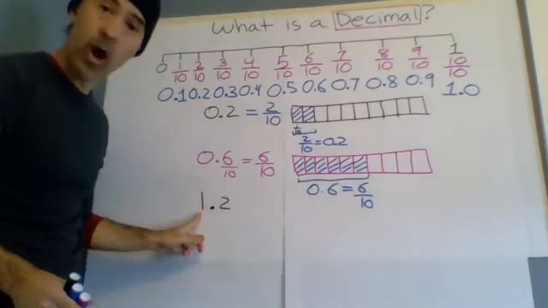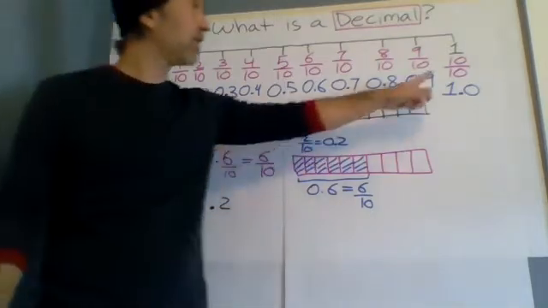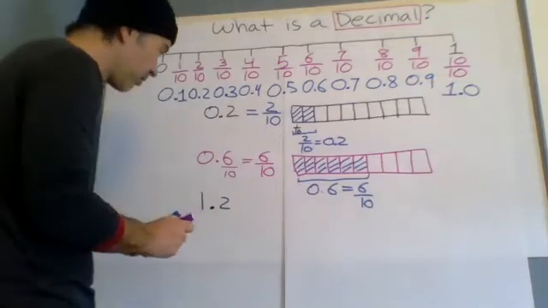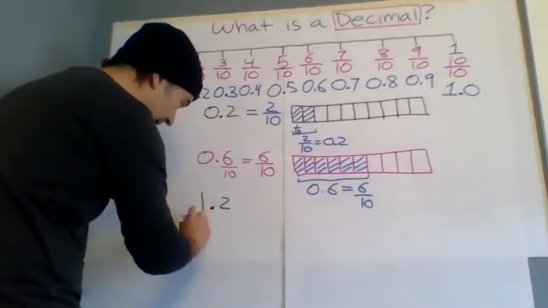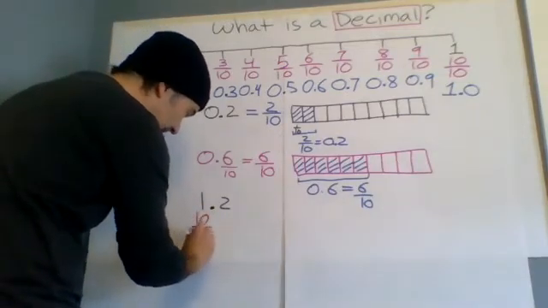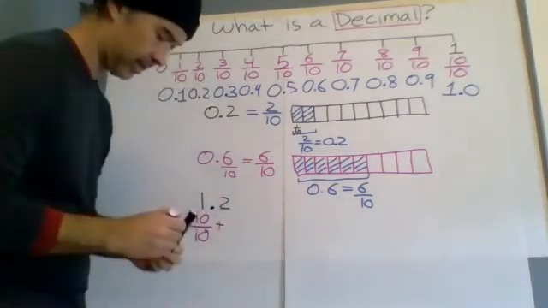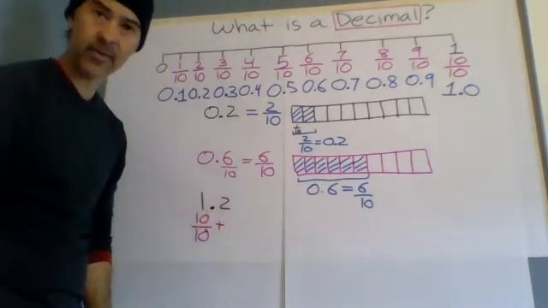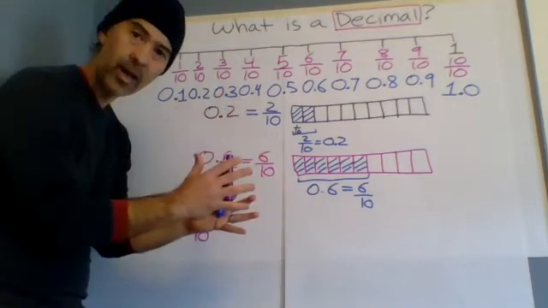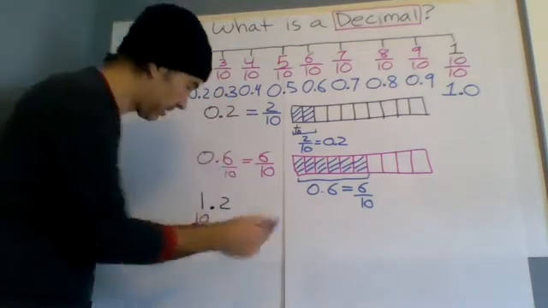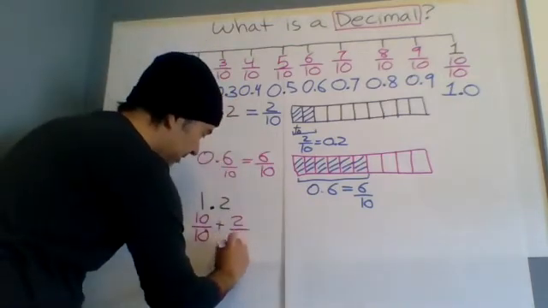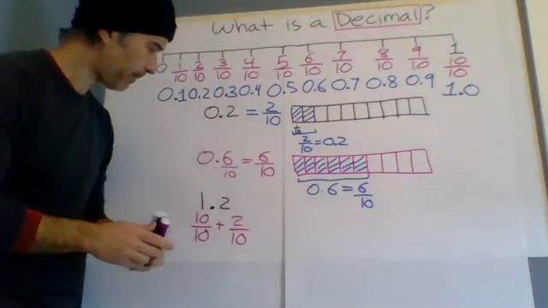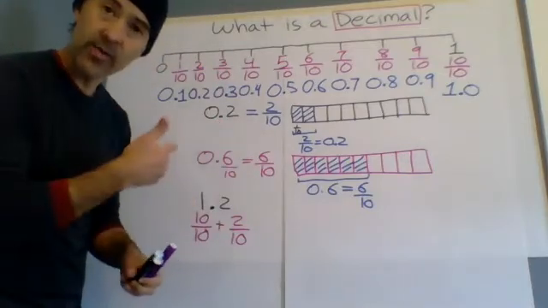So a whole can be represented as a fraction as 10/10. Okay, so I can write this one as 10/10. And how many more tenths do I have? I have one whole and 2/10 of another whole.